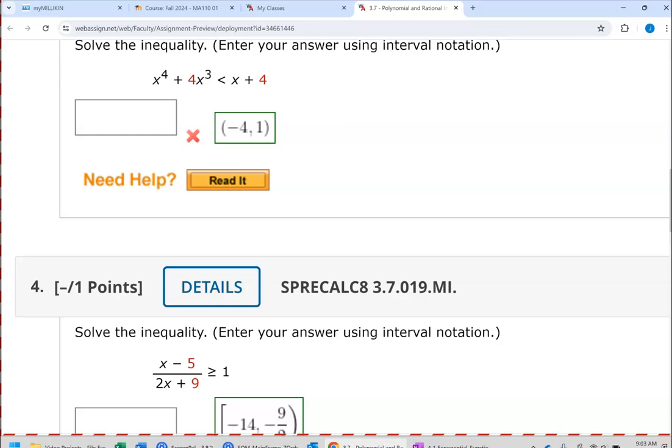So we've got x minus 5 over, and I'd be changing different numbers from what you've got because it randomly does it. Greater than or equal to 1. So anytime that you have anything that has a polynomial inequality or a rational inequality, first thing we need to do is get 0 on one side.